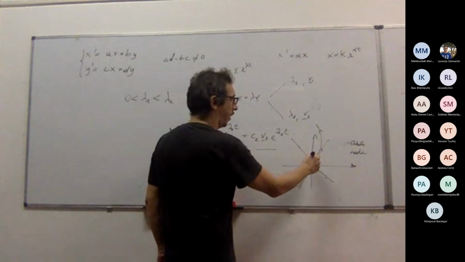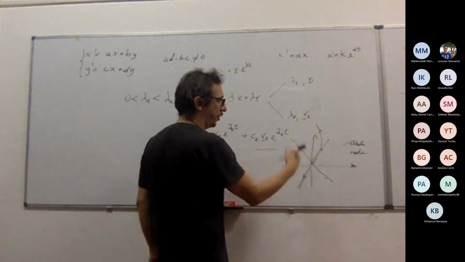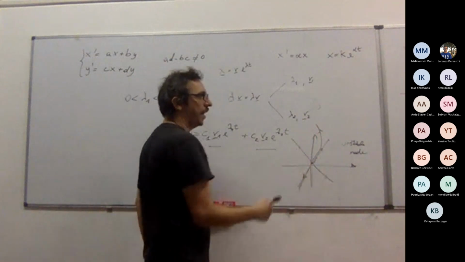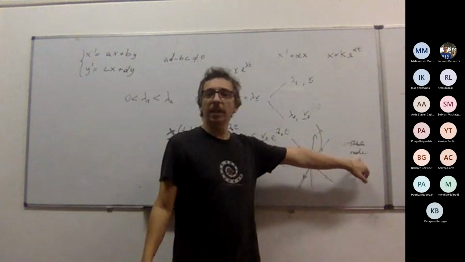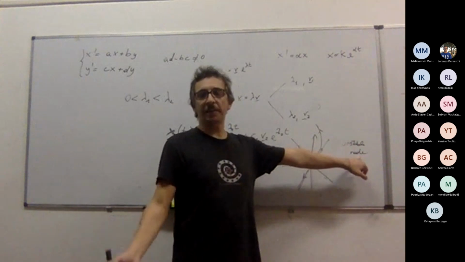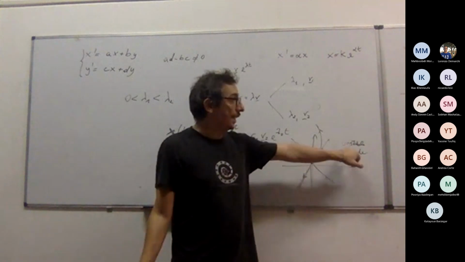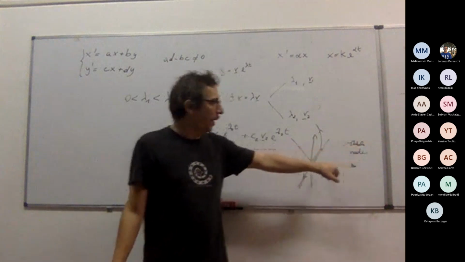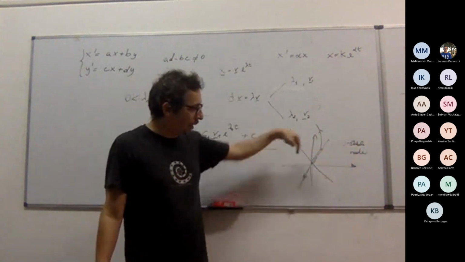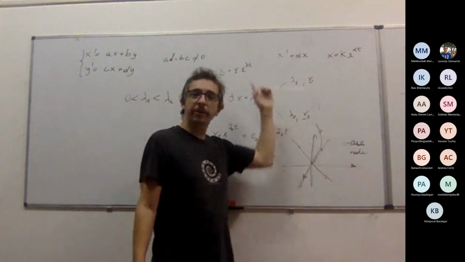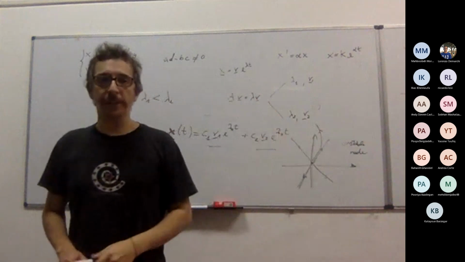You will have some branches of this, and this is behaving exactly like a node that we showed in the middle of the lecture. It's an unstable node because all the branches are going away from the critical point.